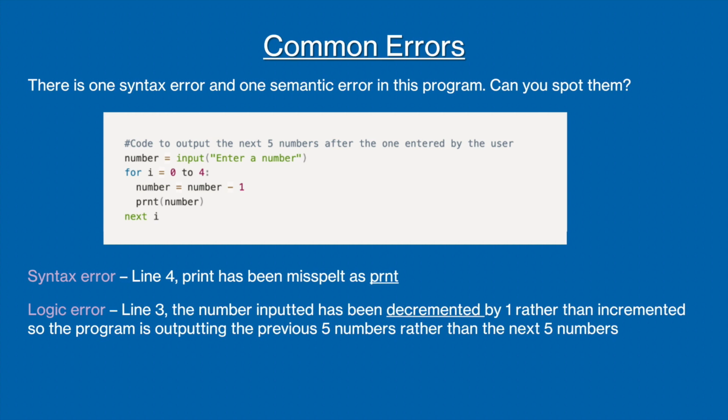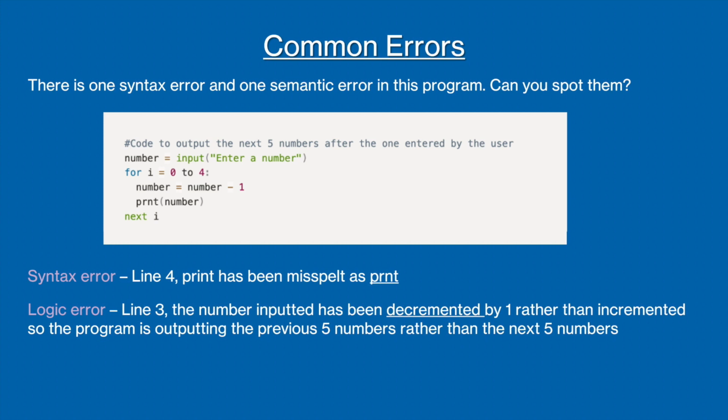Sometimes, as well as stepping through the program line by line, it can be helpful to assign a number to the input and see what happens to it, comparing it to what should happen as the expected output. For example, for this program, we could take the number inputted to be 10. The expected output would be 11, 12, 13, 14, 15.